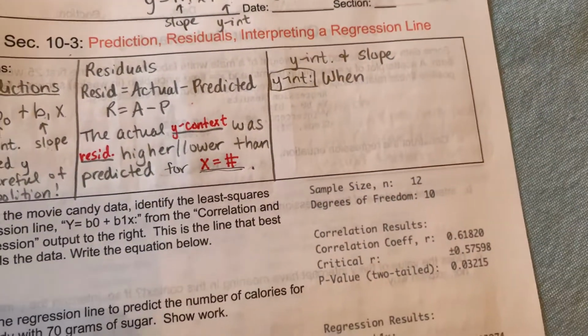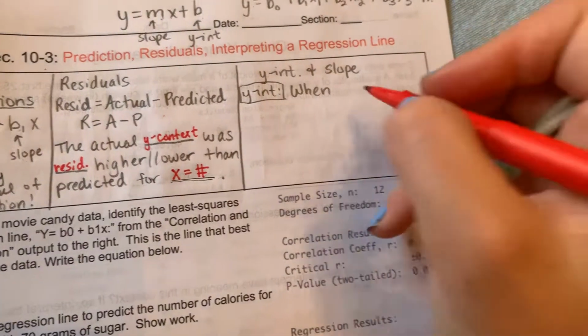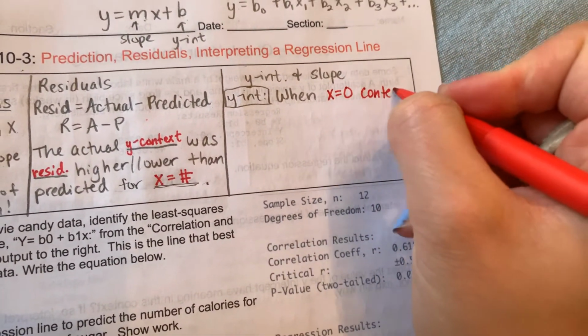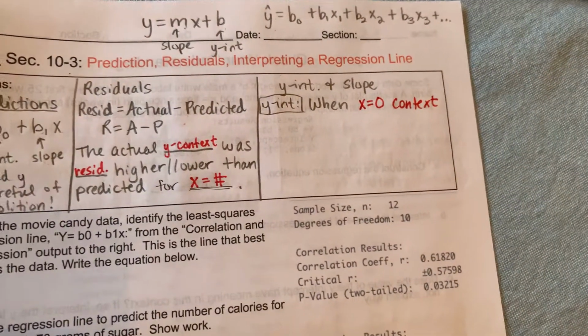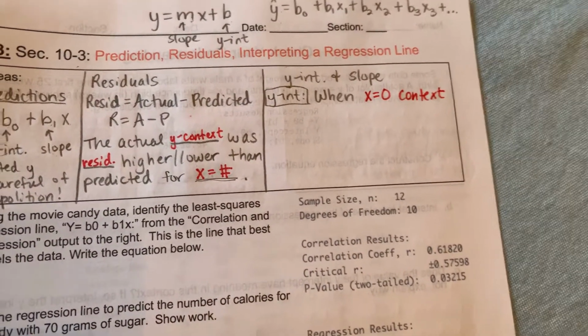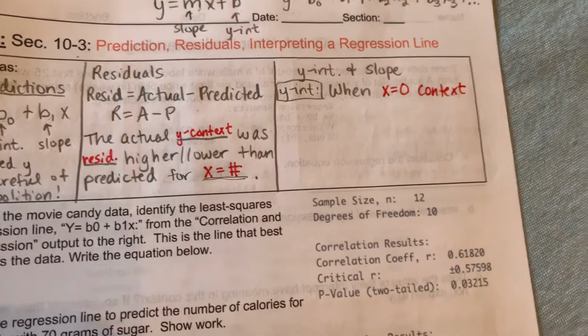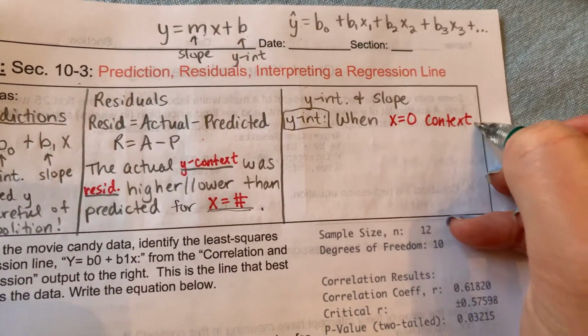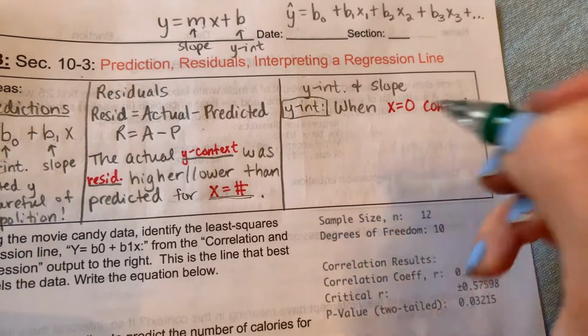whenever, and then you will say x equals 0 in context. Okay, it's not good enough to just say x equals 0, because what does x mean? For the case that we're looking at right now, we would say whenever the sugar is equal to 0, right? That's the context of the problem we've been dealing with.